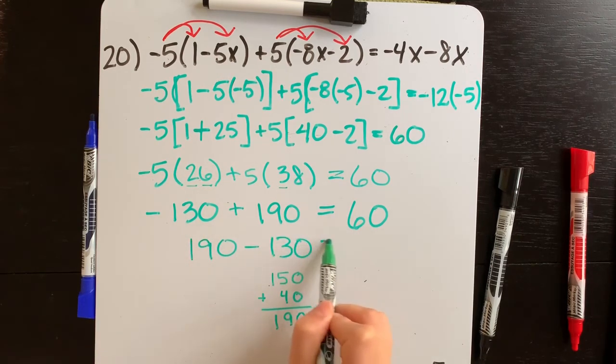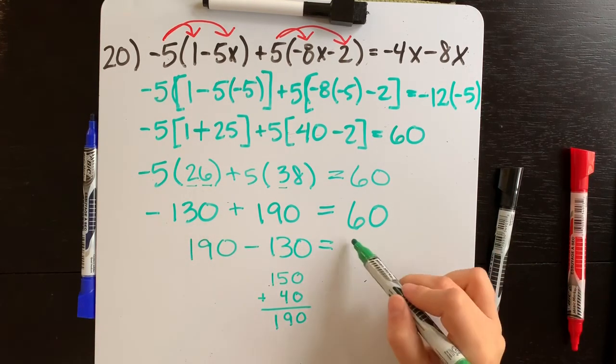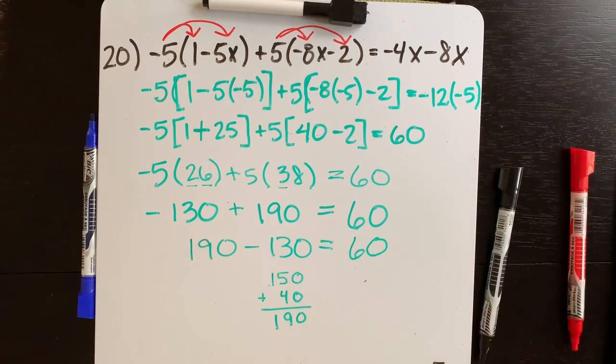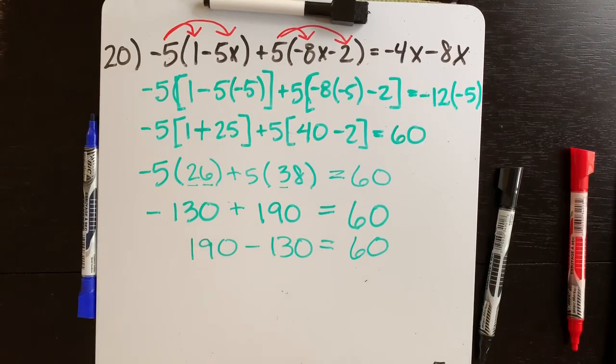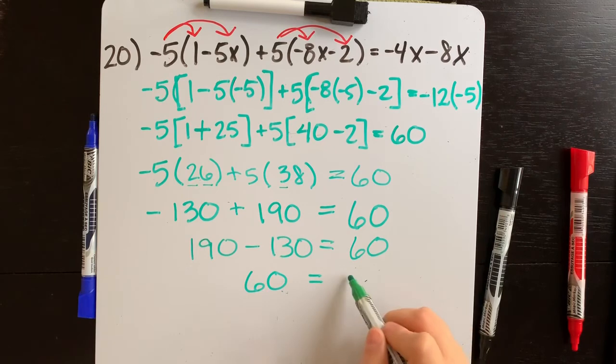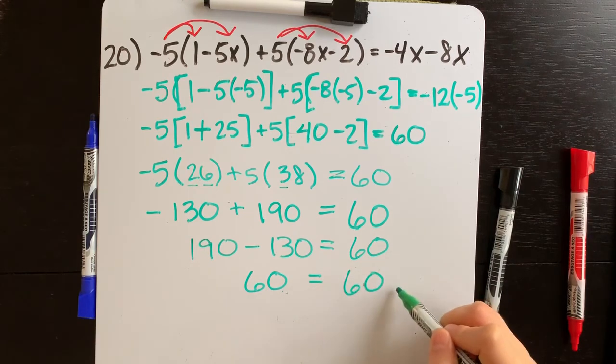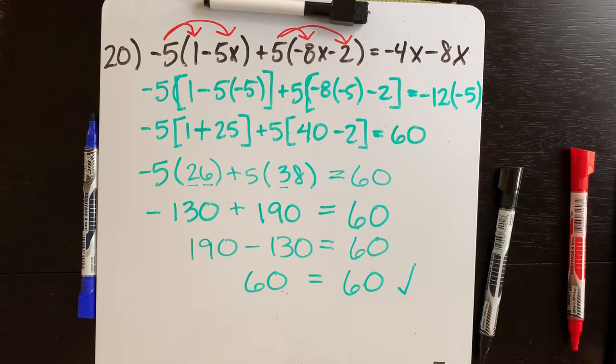Notice how it just becomes a normal subtraction problem, one that we see all the time. And then if we solve this difference, we will see that we get 60. And it checks itself. So our answer is x equals -5.